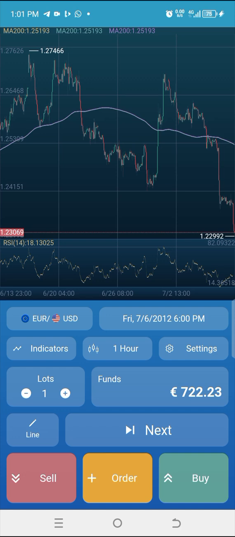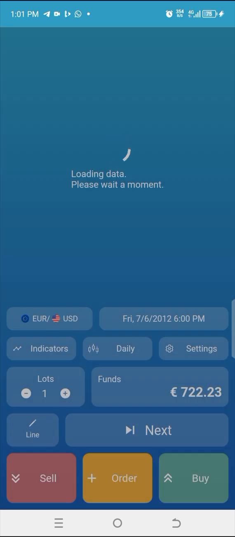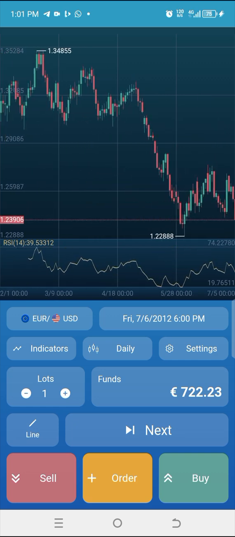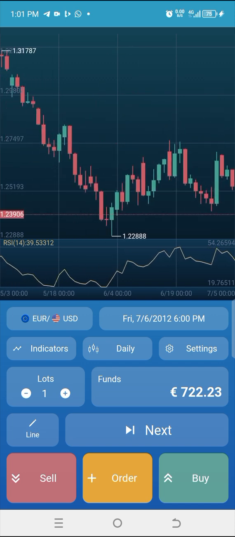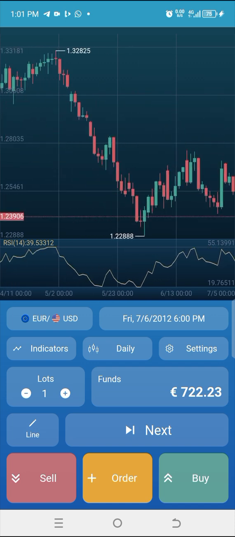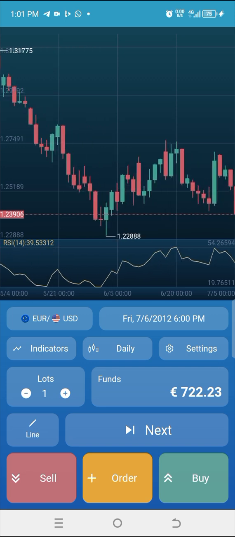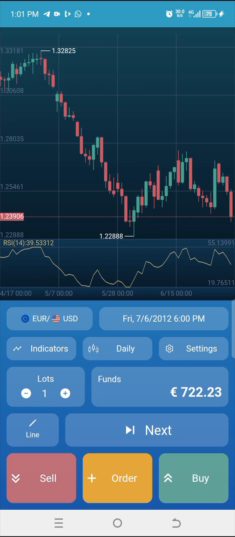The time frame we are on is 1 hour, but let us go back to the daily and go step by step through the strategy. I don't trade indicators as much, but the indicators I use are probably the 200 and the RSI. I'm not too technical about the explanations of the indicators. They're just tools to help me. I don't need to go deep into them, and they don't guarantee that I'll make profits anyway.